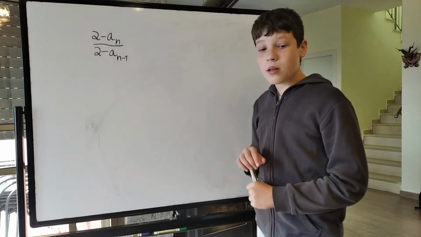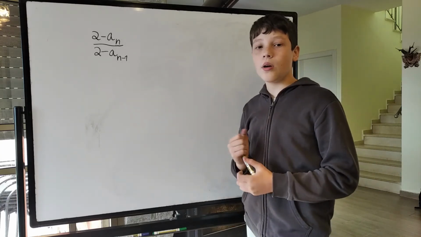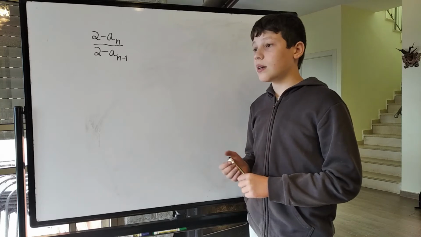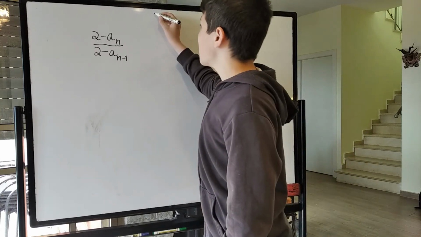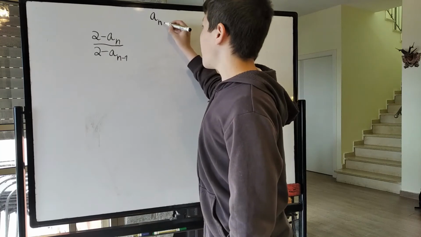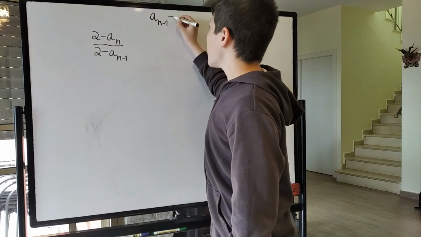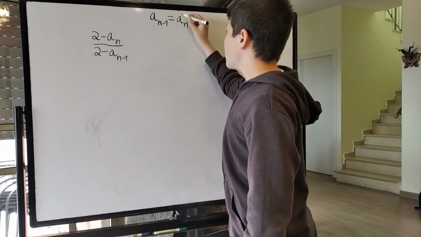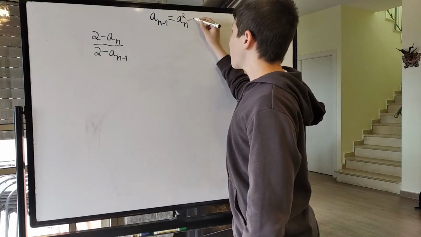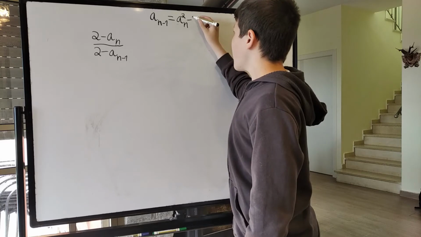And again, we're going to use what we found out on the last board, which is a_{n-1} is equal to a_n squared minus 2.